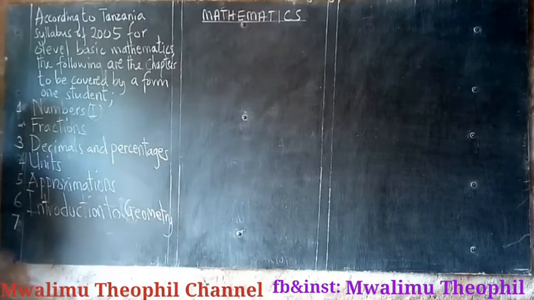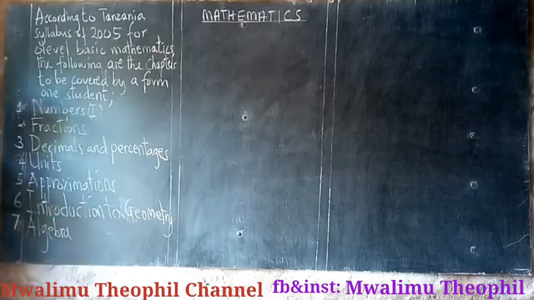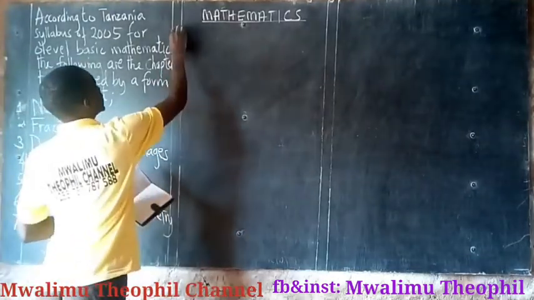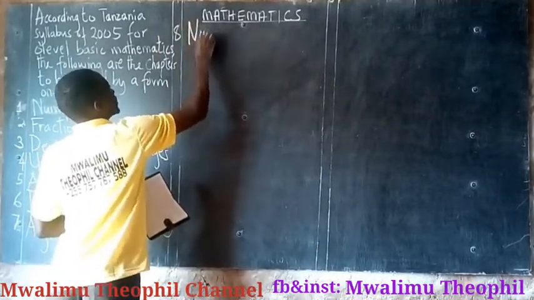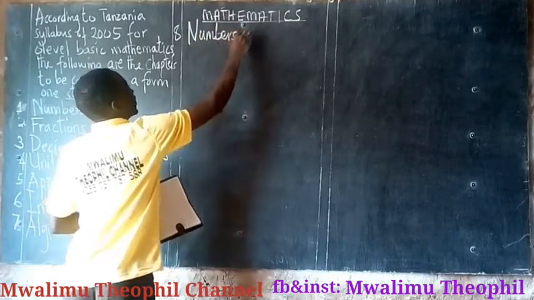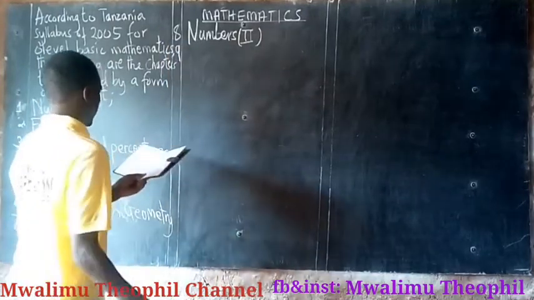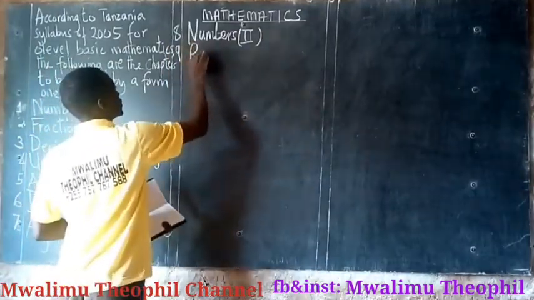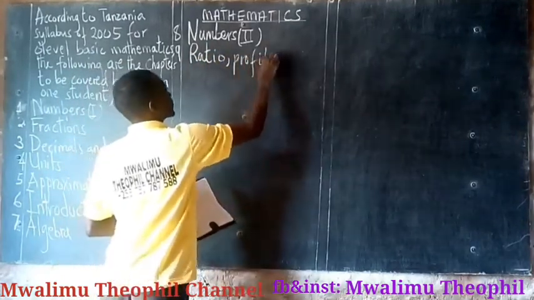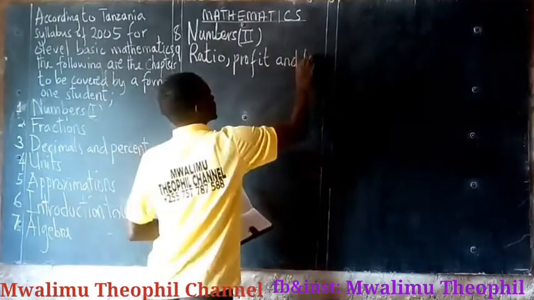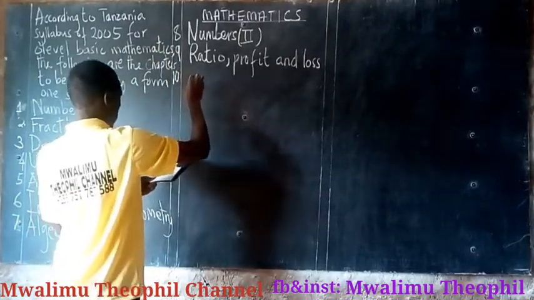Chapter 7 is algebra. Chapter 8 is numbers part 2. Chapter 9 is ratio, profit and loss. Chapter 10 is coordinate geometry.